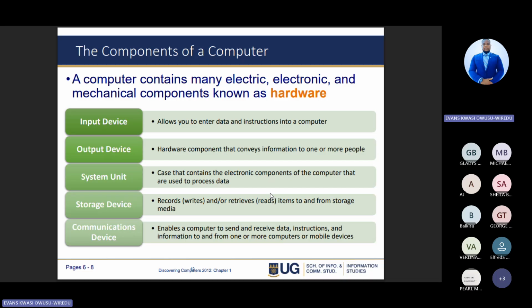The system unit is just the case. It's just a case that contains every component that has to do with processing. So we have processing, input, output, and then we have storage where we can store our data or information, and whether we can write it or read it.